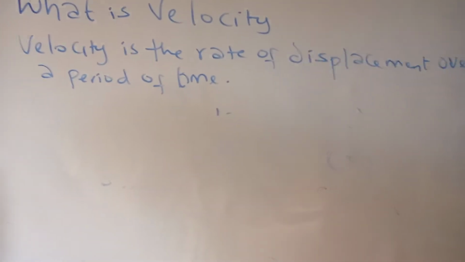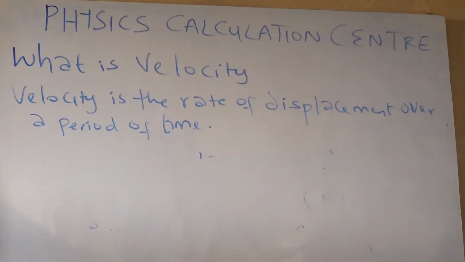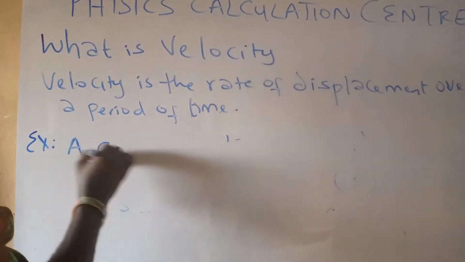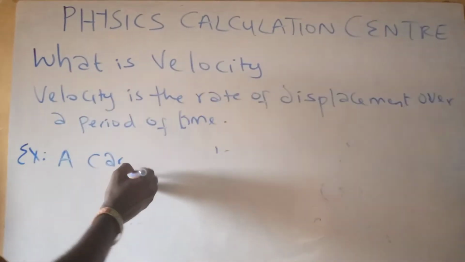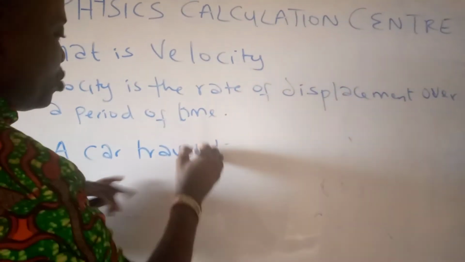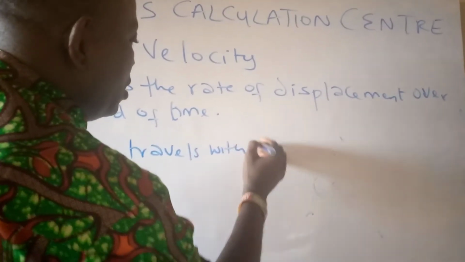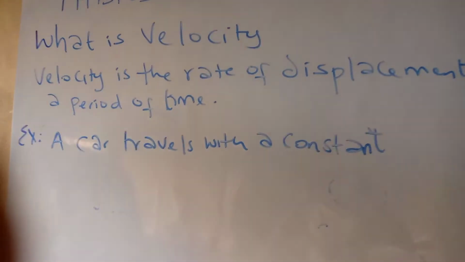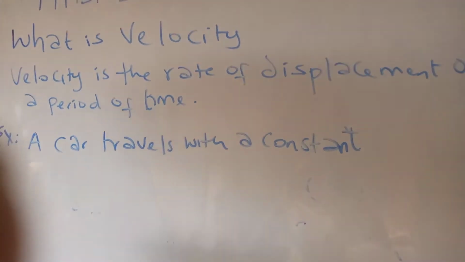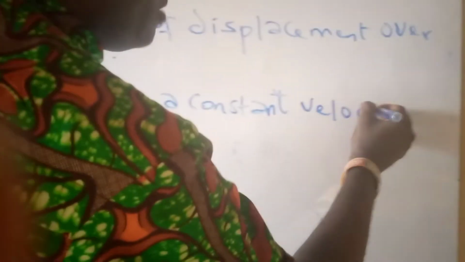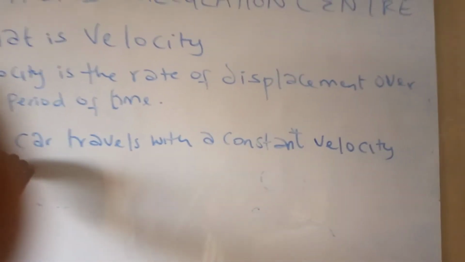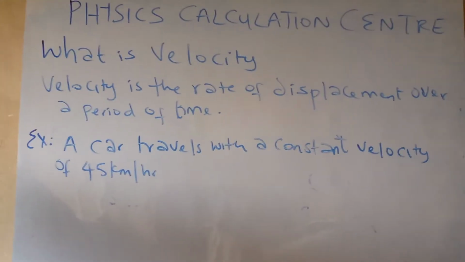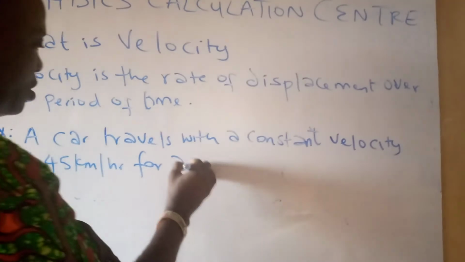Now let's see this question. This question says a car travels with a constant velocity of 45 kilometers per hour for 20 seconds.